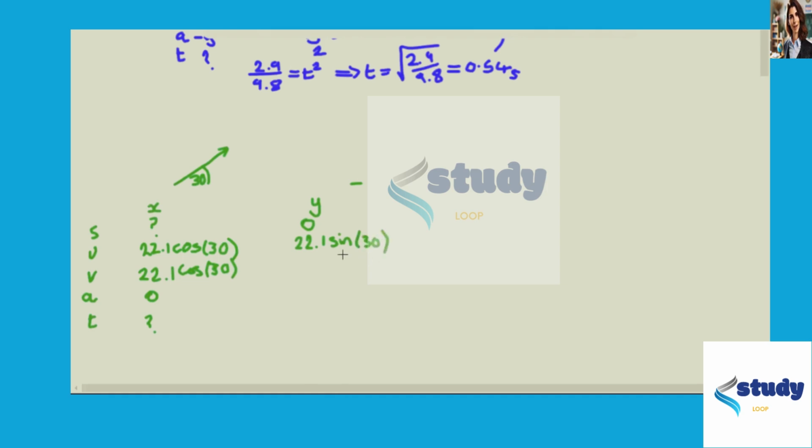And due to symmetry arguments, we can also say that our final velocity is 22.1 sine of 30, but negative. And this will help us in order to figure this out a little bit more. Naturally, we descend at 9.8 meters per second squared as an acceleration, and it's negative because we are descending. And time, once again, is an unknown.